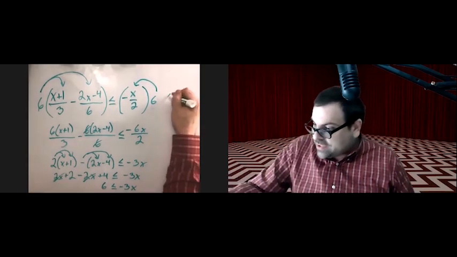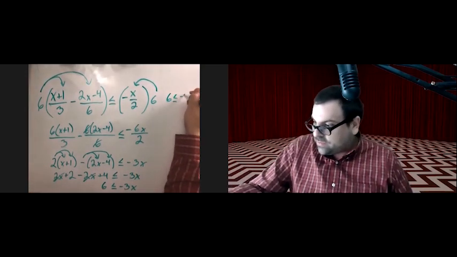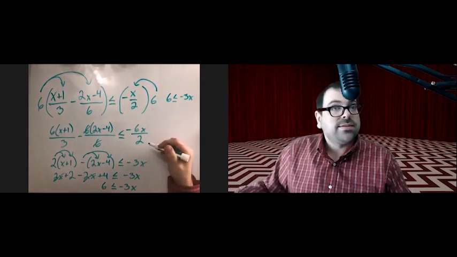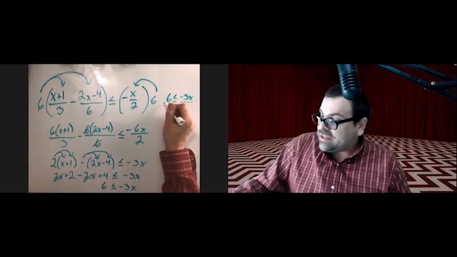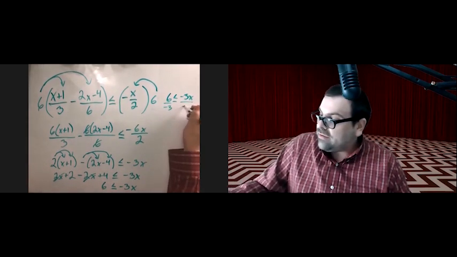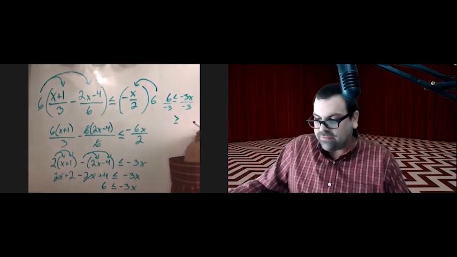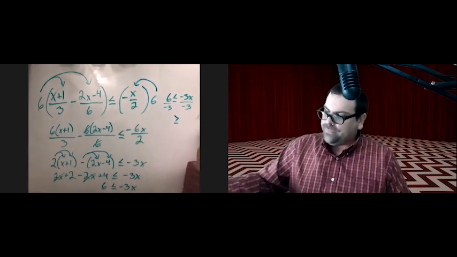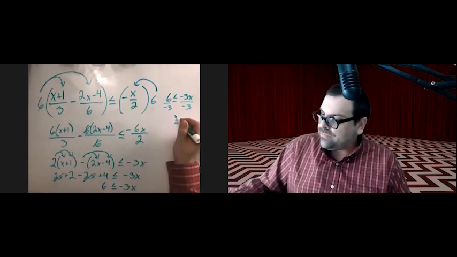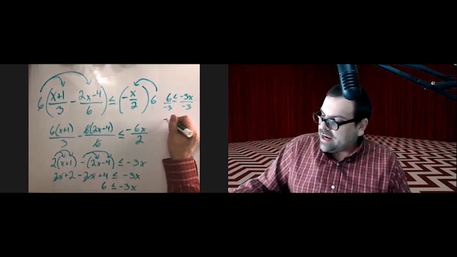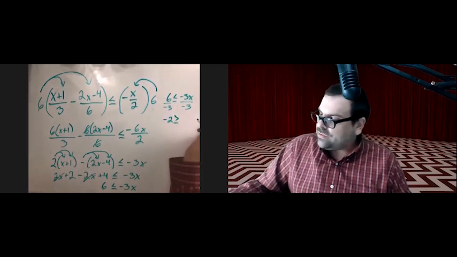When we finish this up, 6 less than or equal to negative 3x, we see we're going to have to divide both sides by negative 3, which is going to flip the sign from a less than or equal to a greater than or equal to. 6 divided by negative 3 is negative 2.